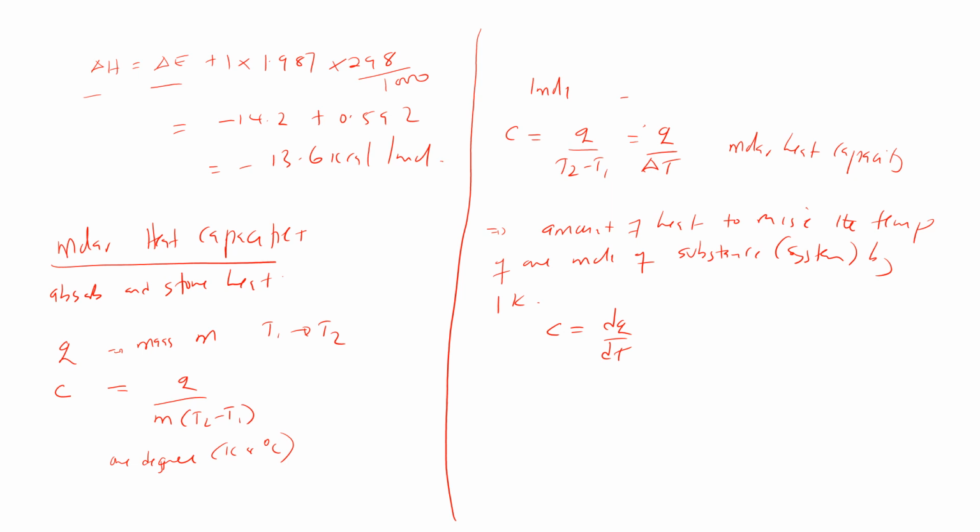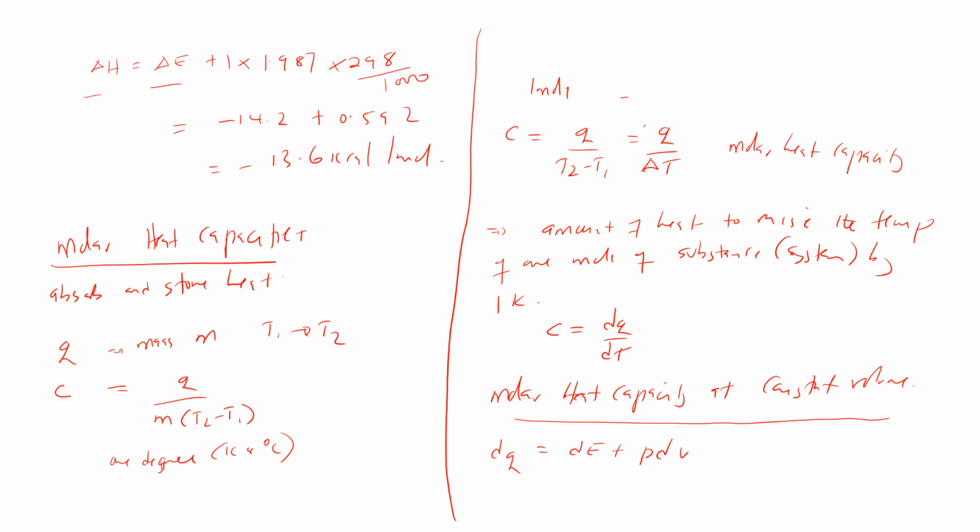Okay, so we can get the molar heat capacities at constant volume. And so we recall that according to the first law of thermodynamics, dQ is equal to dE plus pdV.